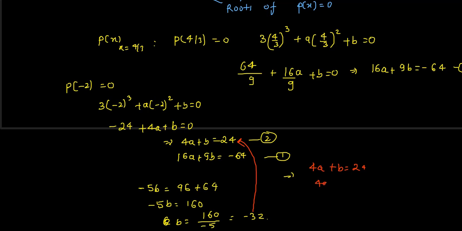That means 4a is 24 minus b, means plus 32, which is 56. So 4a is 56, so the value of a is 14. So a is 14, b is minus 32.